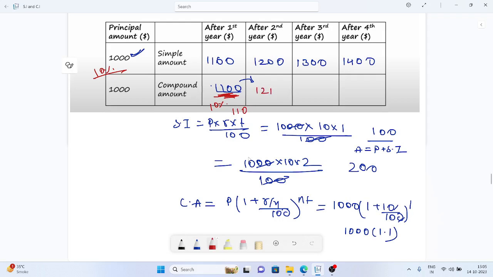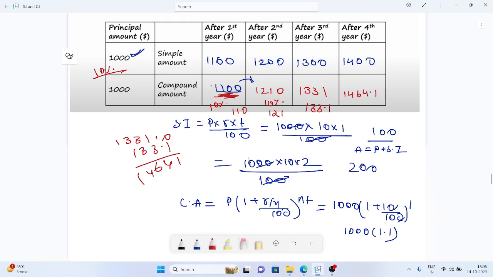When you add this, you get 1210, and 10% of this is 121, which you again add, you get 1331. Similarly, when you calculate the interest, you get 133.1, and when you add this to 1331, you get 1464.41.